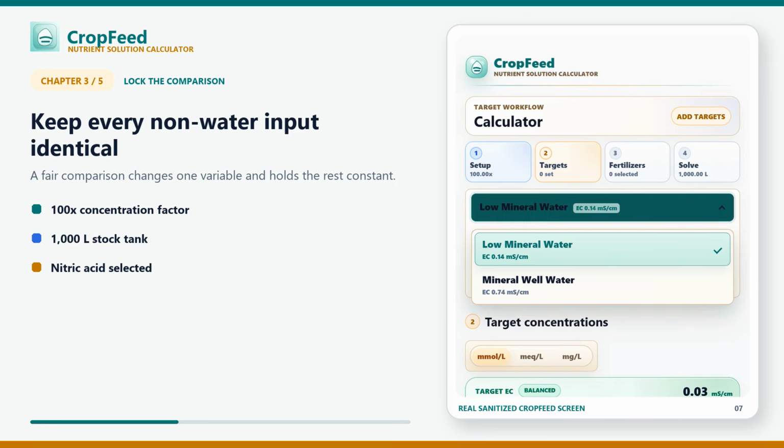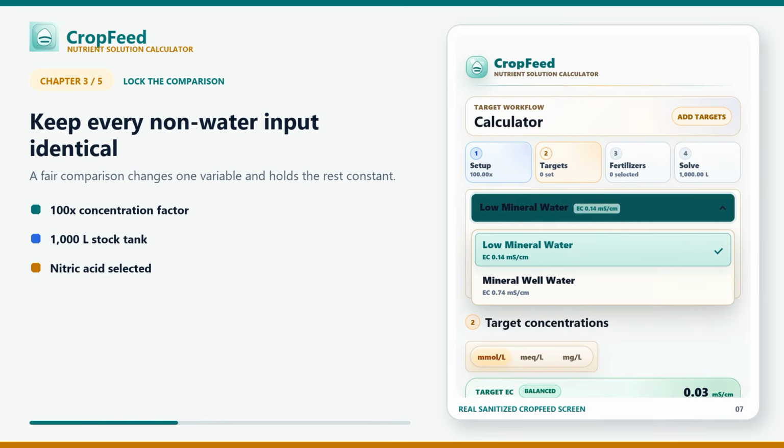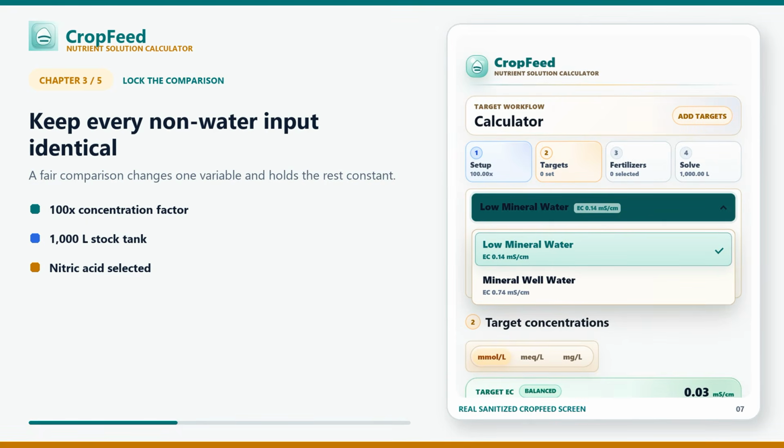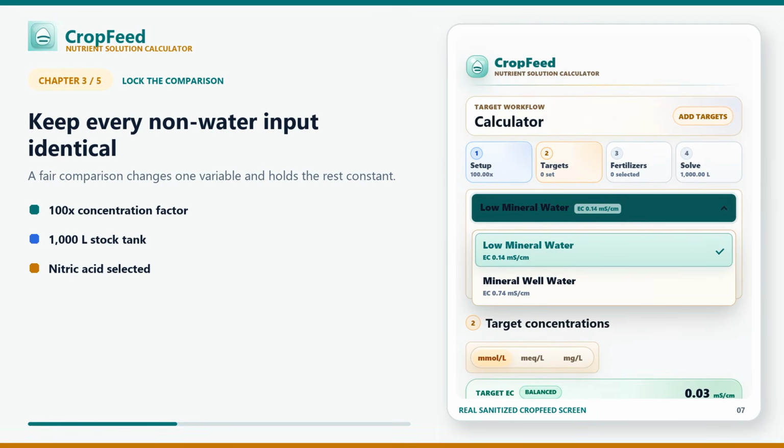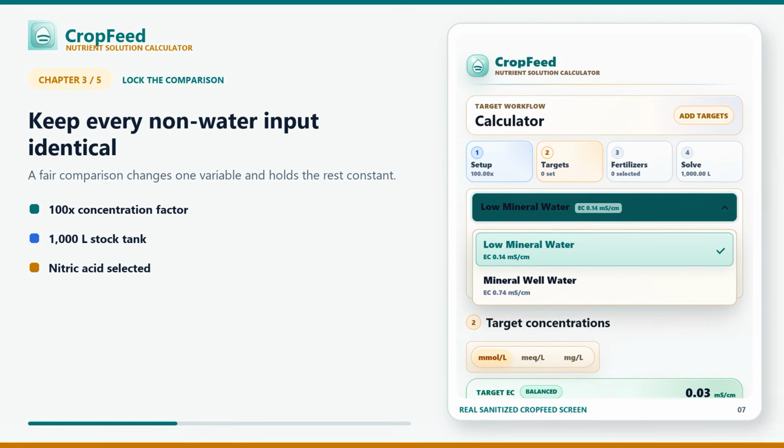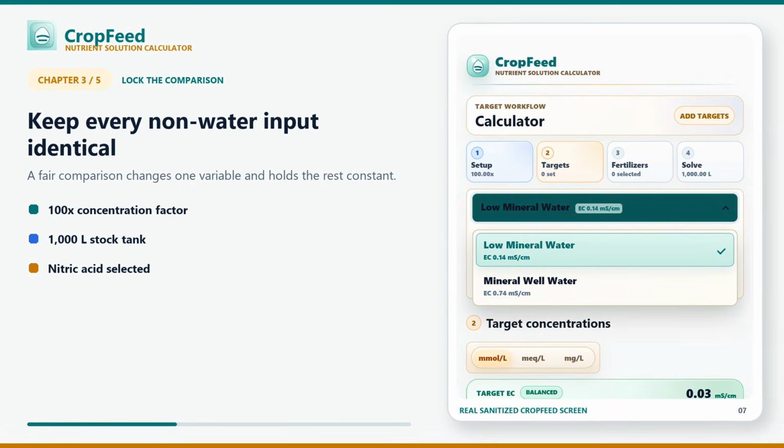For both runs, the concentration factor is 100, the stock tank volume is 1,000 liters, and nitric acid is selected. The residual bicarbonate target is 0.60 millimoles per liter. Keeping those settings identical lets us attribute the changed quantities to the source water rather than to tank size, injector ratio, or acid choice.